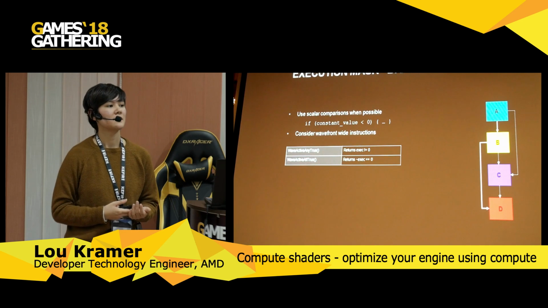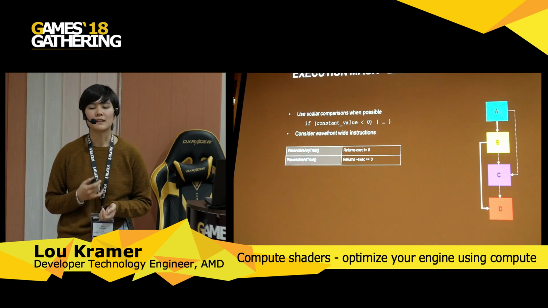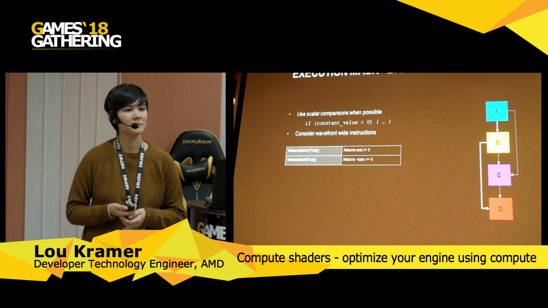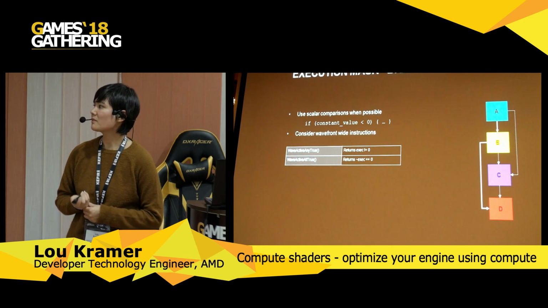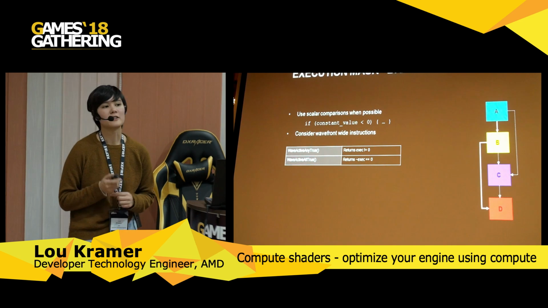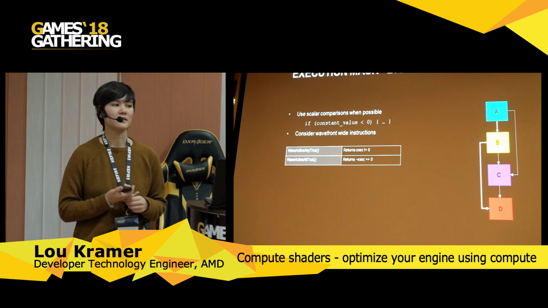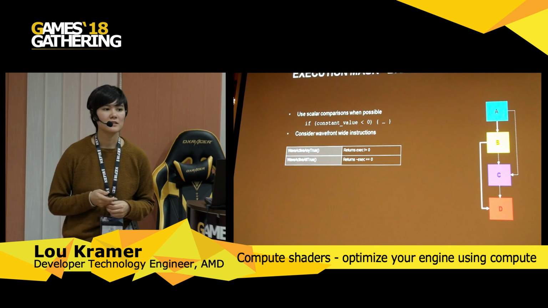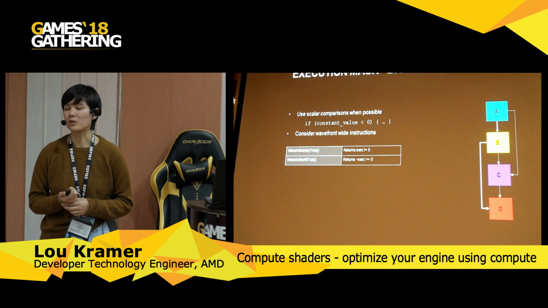Well, first, we can enforce this if we use scalar comparisons, because scalar comparisons return obviously the same result for each thread, because we just have one copy for the whole wavefront. Or in specific cases, you can also consider wavefront-wide instructions. The specific wavefront-wide instructions are wave active any true or wave active all true.